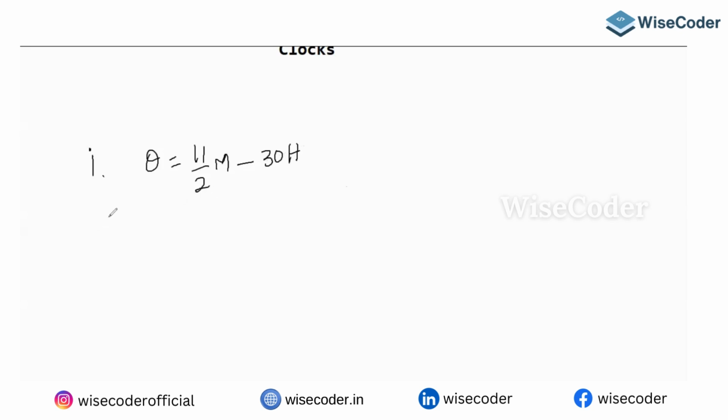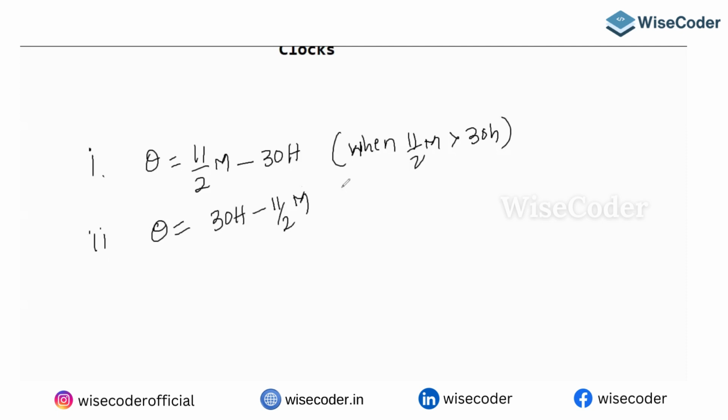Okay, so when this has to be used, please write down. When 11 by 2 m is more than 30 h, you can use the same formula. Theta is equal to 30 h minus 11 by 2 m. This we can use when 30 h is more than 11 by 2 m.